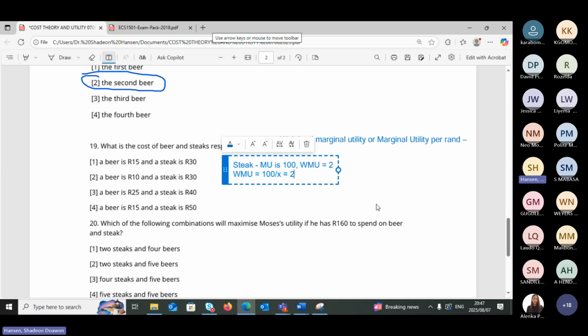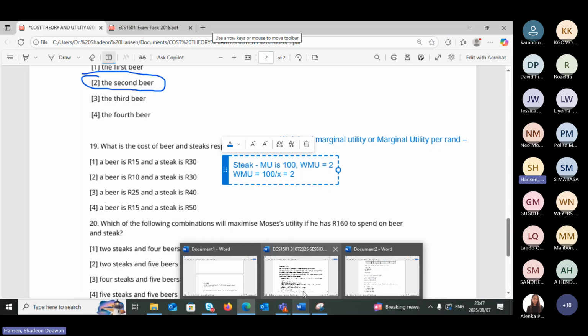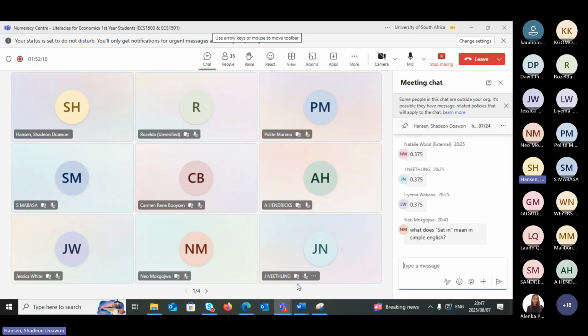If we divide 100 by 50, then of course, that is equal to 2. Are we together? We don't have to go through any mathematical lengths over there, because that is something that we can calculate. 100 divided by a number is equal to 2, then of course, we can guess that number, because 100 divided by 50 is equal to 2.